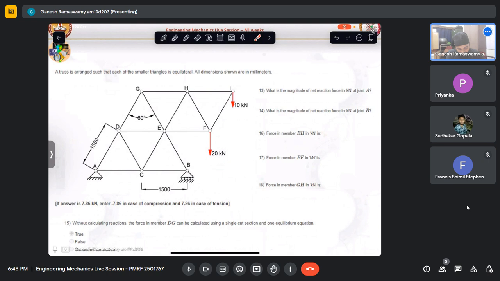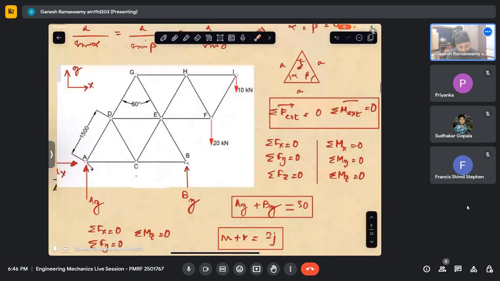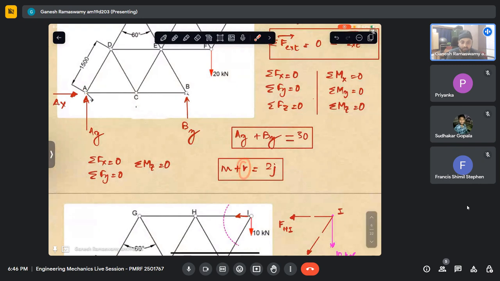So the reaction forces are three. So R happens to be the external constraints that are provided, which happens to be 3 in this case. Total number of member forces: if I add up the total number of members, it gives you the member forces. So the sum of these two, so essentially M plus R equal to 2J, the left side sums up all the unknowns in the problem.